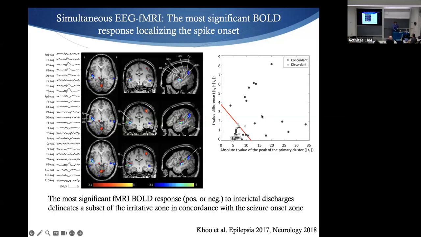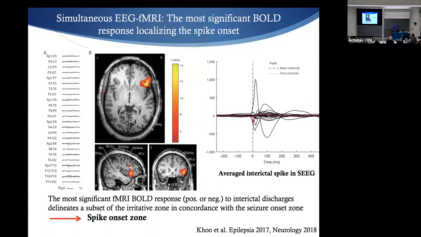That's what they show in this study, where you see that you have a concordant result mainly when the difference between the 2 first clusters is high and when you have the highest t-value. So we're going to summarize it like that. We're going to look at the fMRI cluster showing the maximum t-value, the maximum hemodynamic response. We're going to summarize this fMRI map by only this cluster and show that it makes sense.